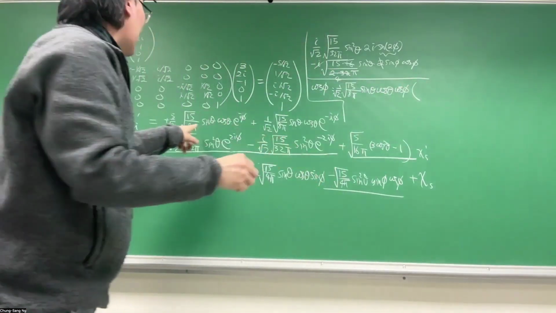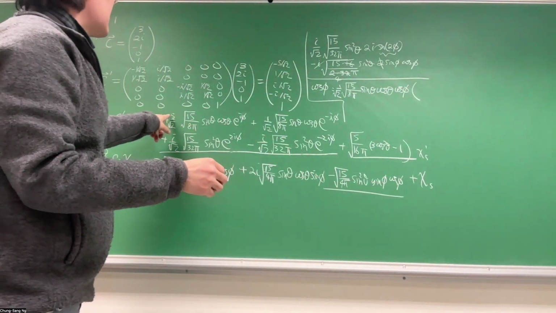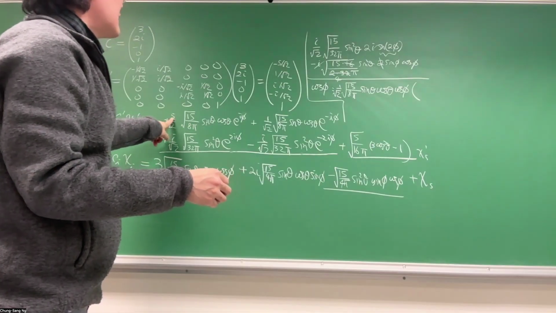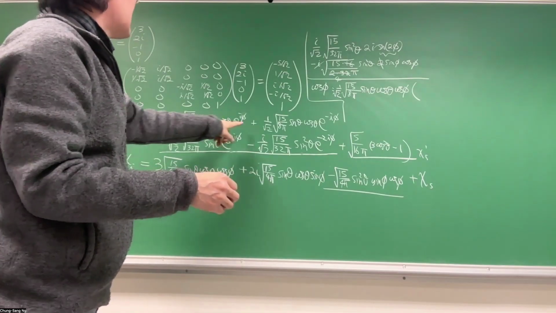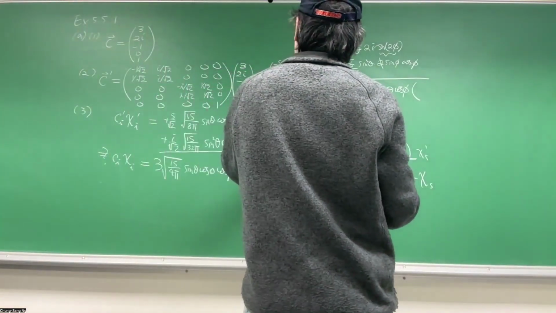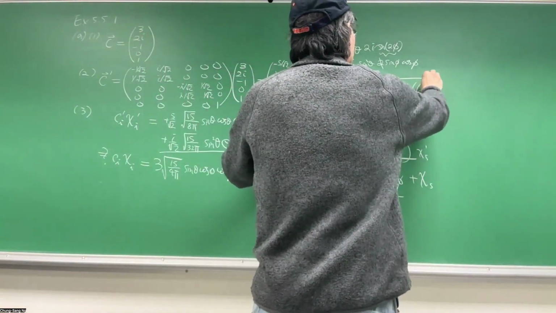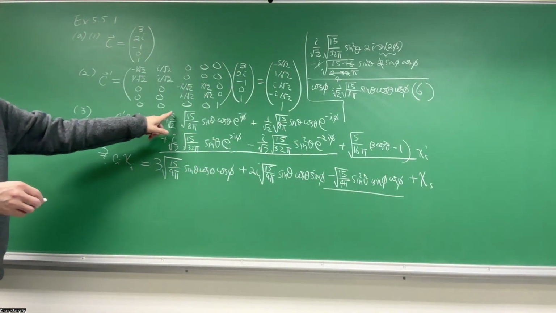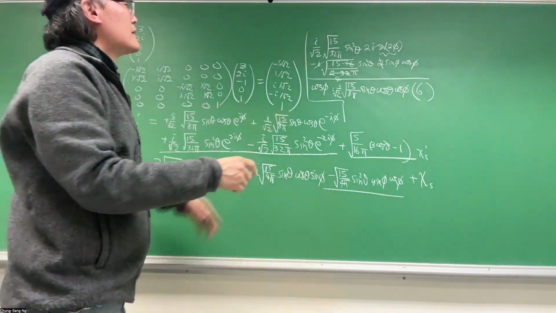Consider the cosine term, and the rest is just phi. This is 1, 5 plus 1 is 6, right? Your phi, this is 1, 6.